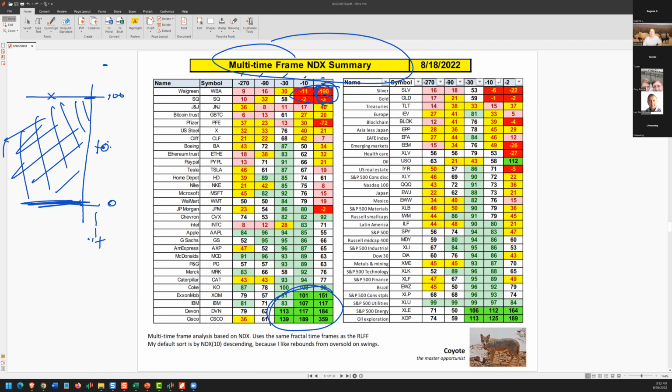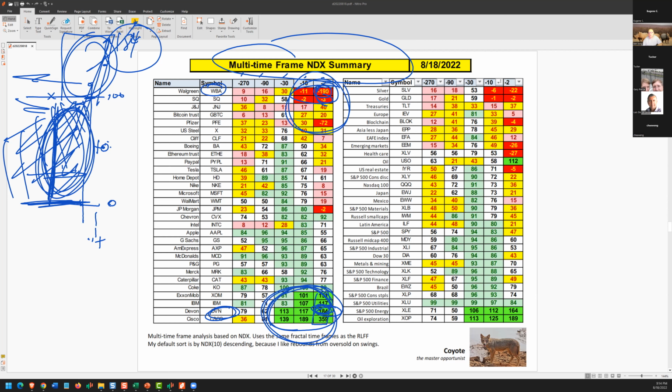So on something that is minus 180 or a plus 184 like Devon Energy, if you took 84 points off that and added it to 100, it's at 184. That's how far Devon broke to the upside, so almost a full 10-day range of additional movement up.